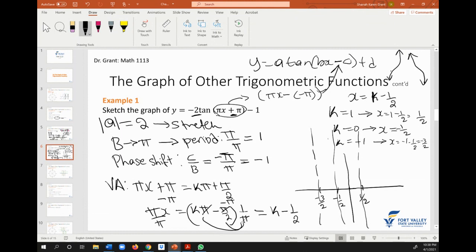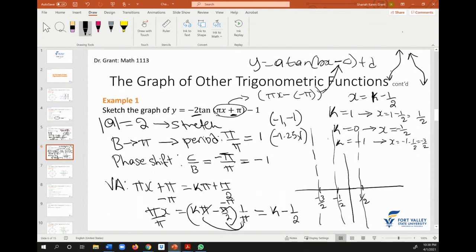Okay, we can also plot some points here. If you plug in -1 for x, and you can always evaluate this, you're going to get -1. I did this ahead of time. You can also try -1.25. You'll get 1. So you're just going to pick values between your asymptotes.